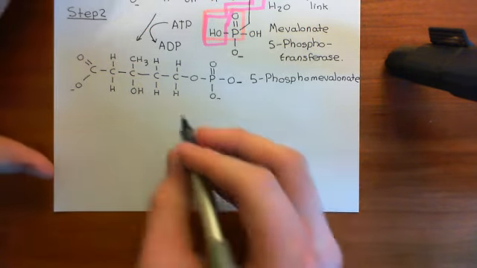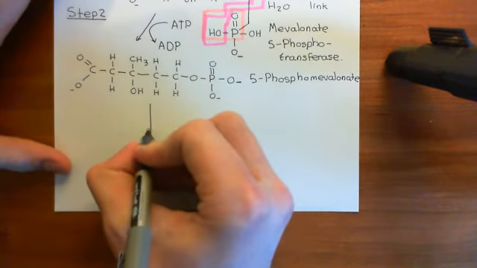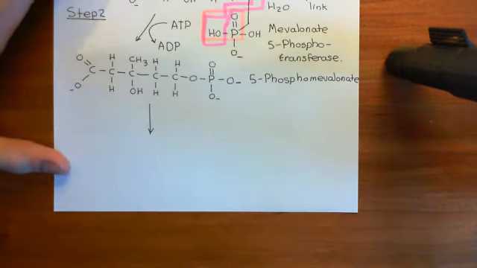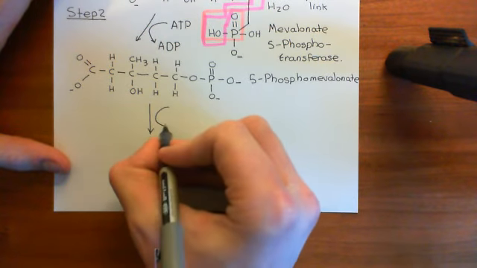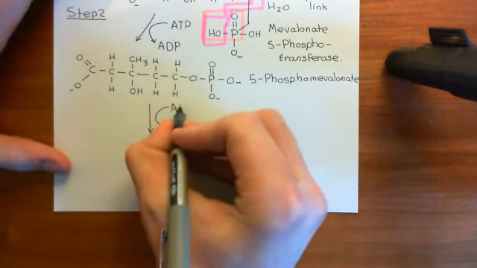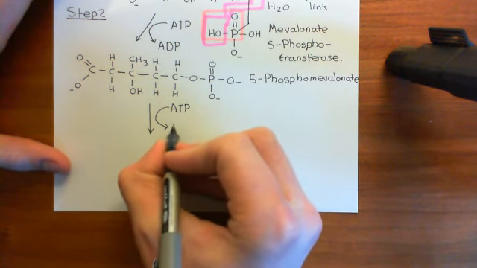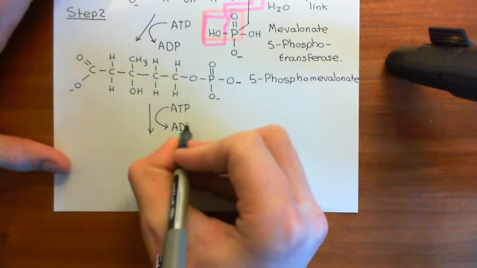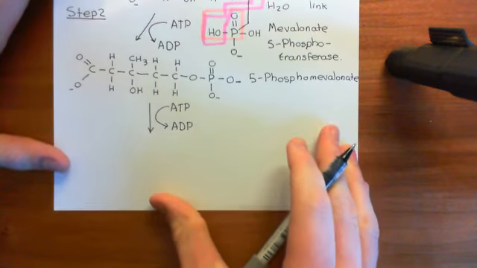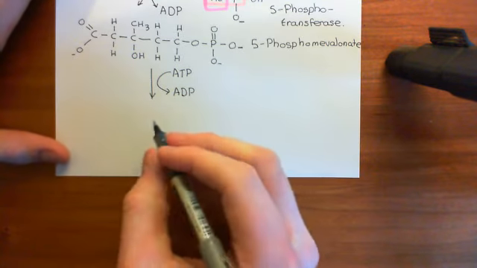Right, so let's show this. Again, we're going to source our phosphate group from an ATP molecule. So we're going to hydrolyze ATP to ADP, and that phosphate that we get, we're just going to transfer onto the alcohol group here.